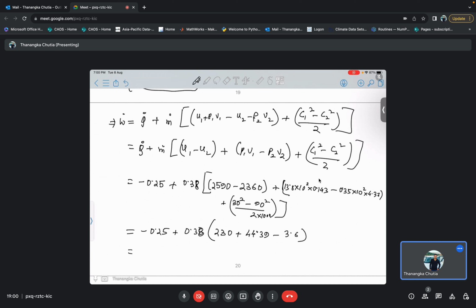So the result is 102.65 kilowatt. So this is basically the power that is produced by the turbine.